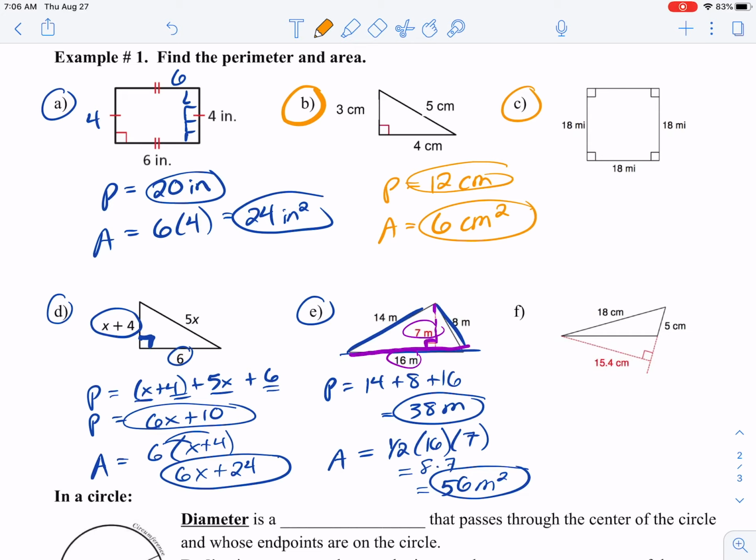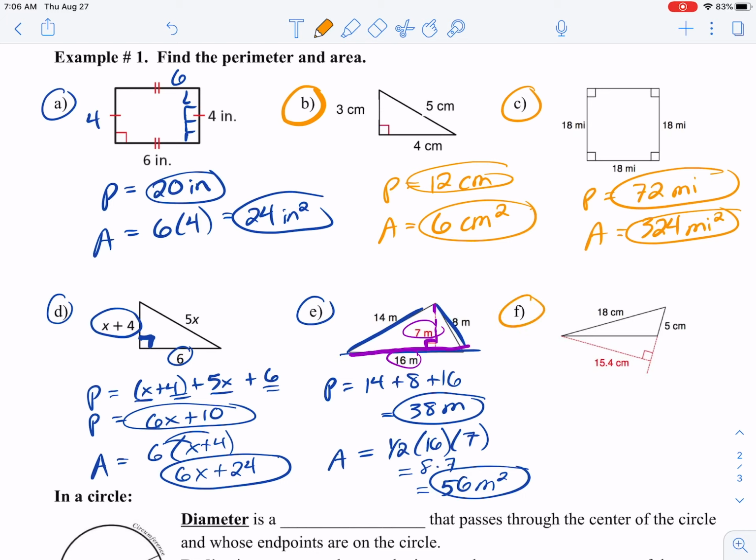Again, this was a square because 4 right angles and all 4 sides are the same length. Perimeter would have been 18 4 times, so 72 miles. And area would have been 18 squared, 324 square miles that fit inside of this square.